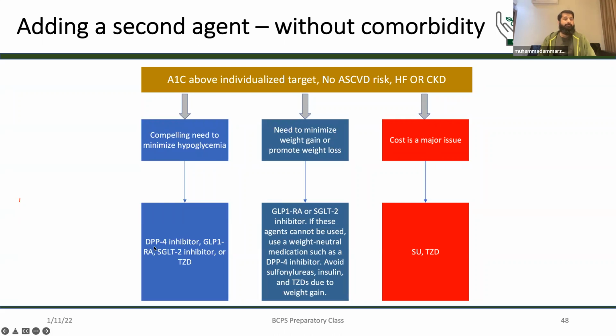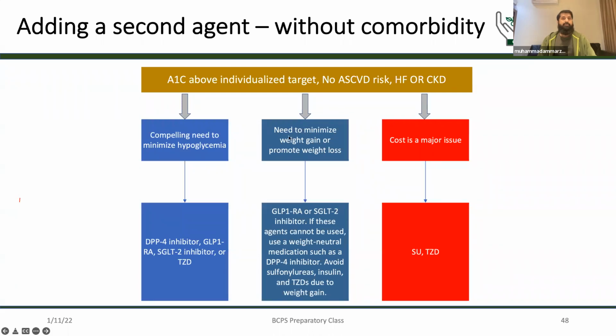You can add dipeptidyl peptidase 4 inhibitor, glucagon-like peptide 1 receptor agonist, sodium glucose transporter 2 inhibitors, or thiazolidinediones. So you can add any one of them over metformin, because all of these agents have less adverse effect of hypoglycemia.